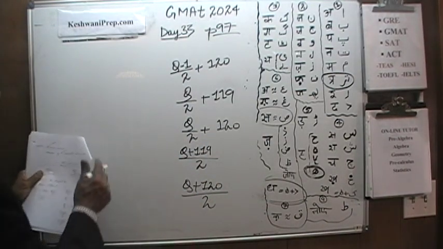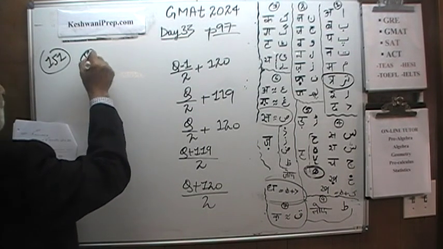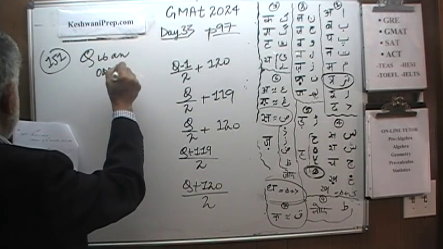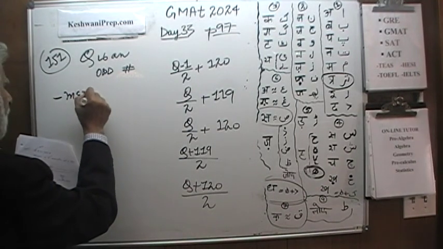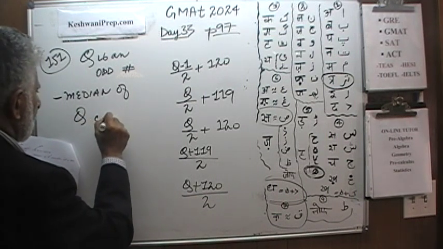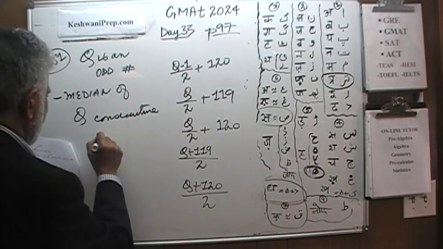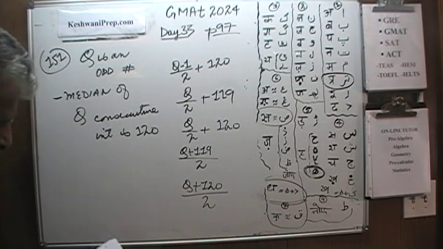Here's the question. 151. We are told that Q is an odd number. The question is this: the median of Q consecutive integers is 120. The median of the Q consecutive integers is 120.